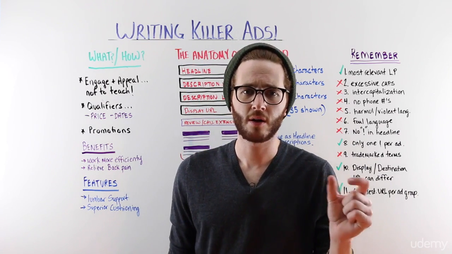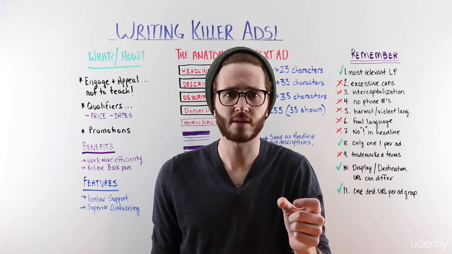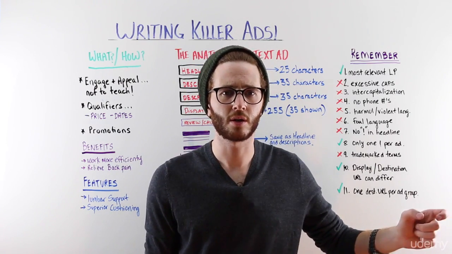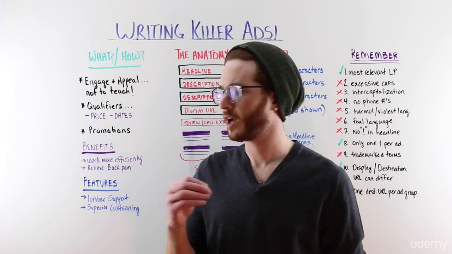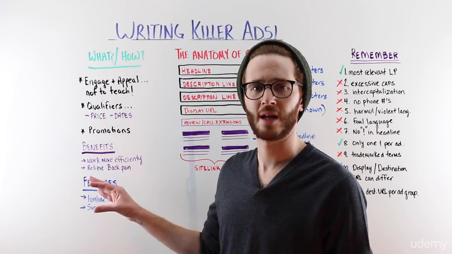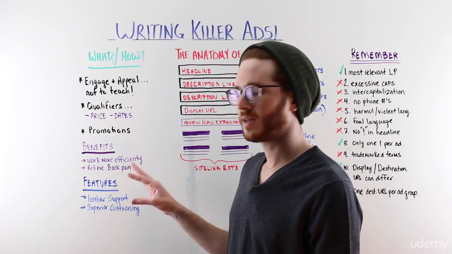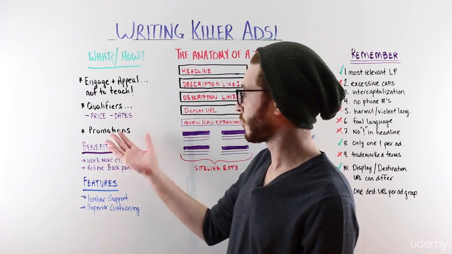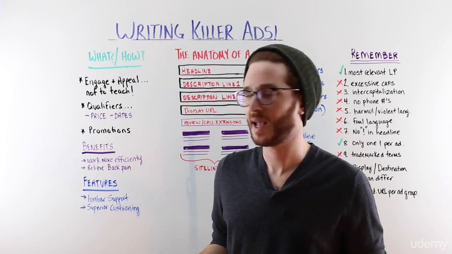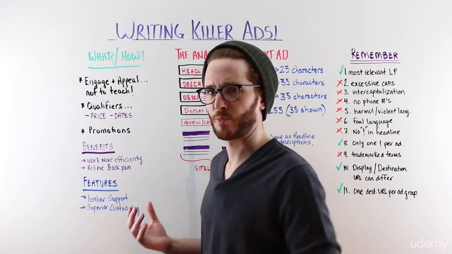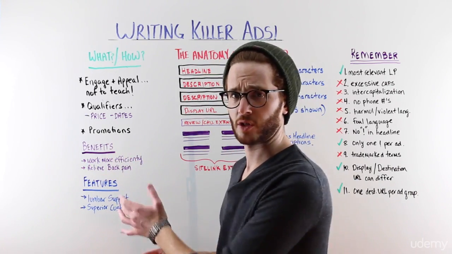If you could touch upon a nerve, if you could really address the psychological concern someone has when they come to Google and they're looking for something, then you'll have hit the nail on the head and you'll have written a beautiful ad. So I'm not saying not to put features in your ad. In fact, a promotion could be considered a feature because it's not highlighting an emotional, psychological payoff, but it's more important to highlight benefits than features.